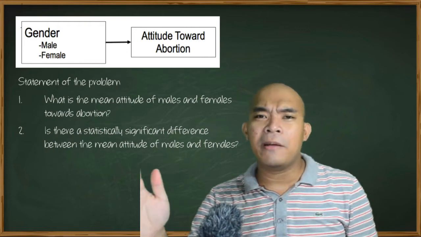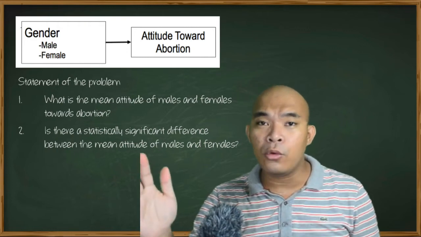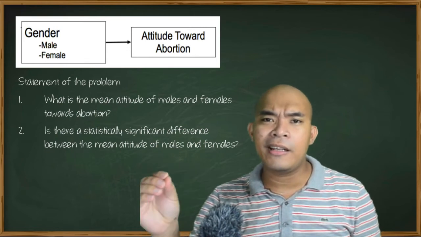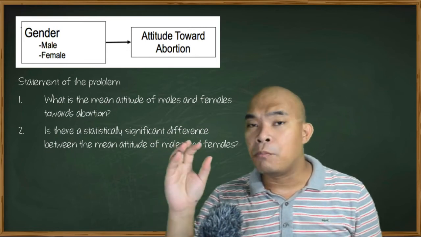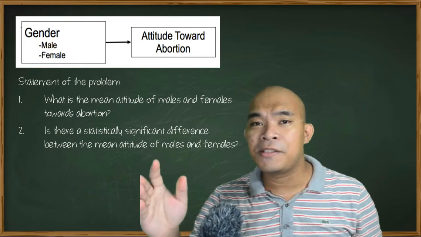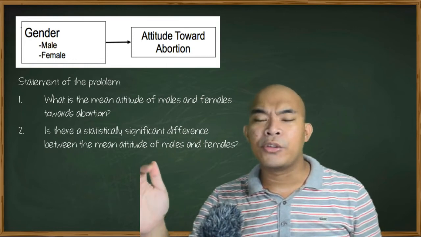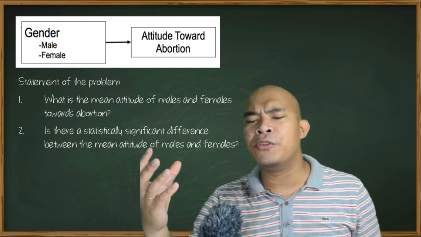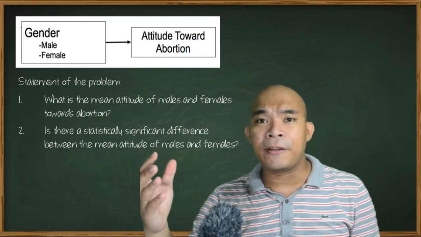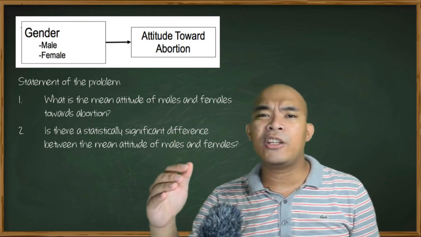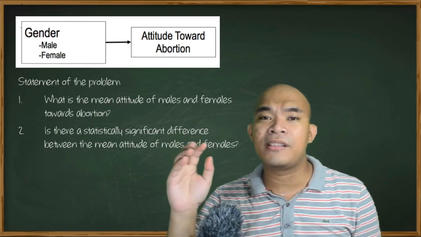So after getting the means, we can now ask, number 2, is there statistically significant difference between the mean attitude of males and females? So the first statement of the problem can be answered using descriptive statistics. However, in the second, we have to use inferential statistics.